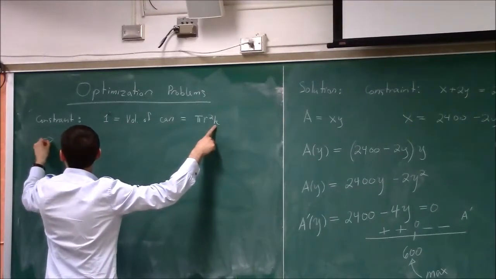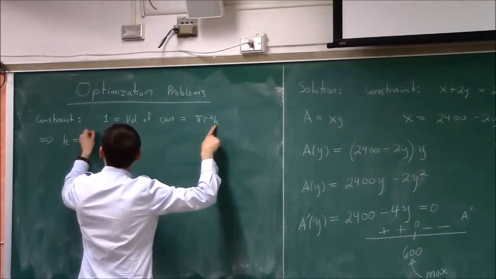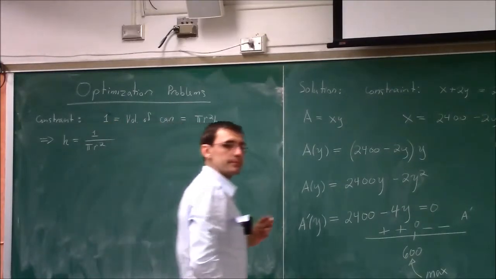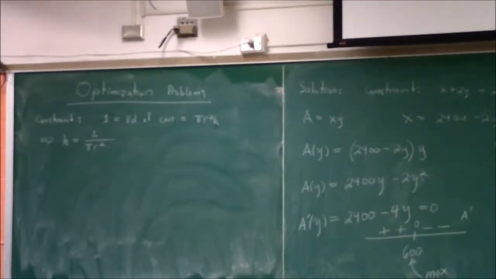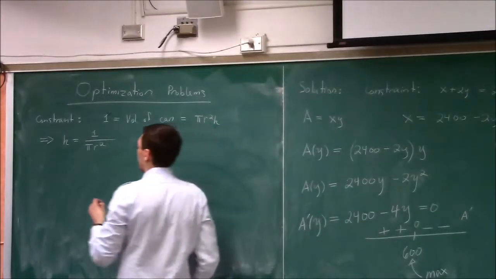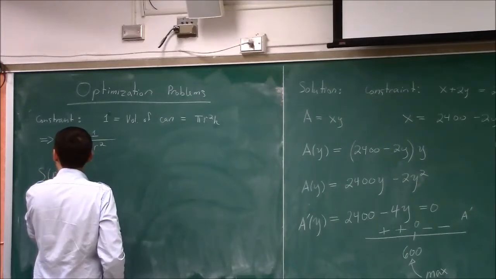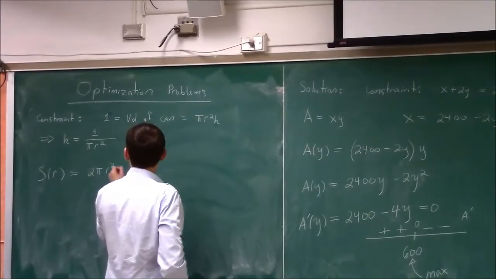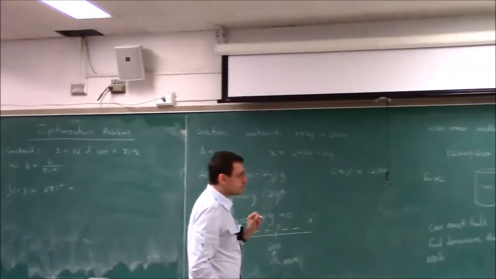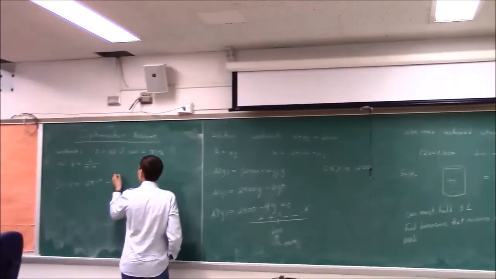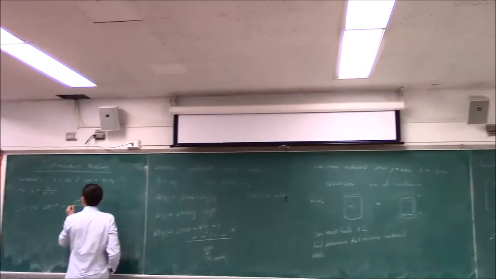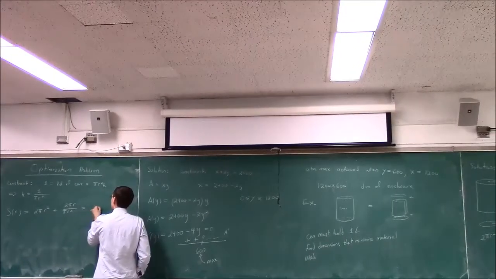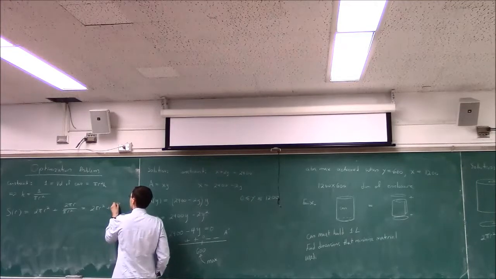So the implication is that h is equal to 1 divided by pi r squared. So therefore the surface as a function of r is 2 pi r squared plus 2 pi r times h, which is divided by pi r squared, which simplifies to 2 pi r squared plus 2 over r.